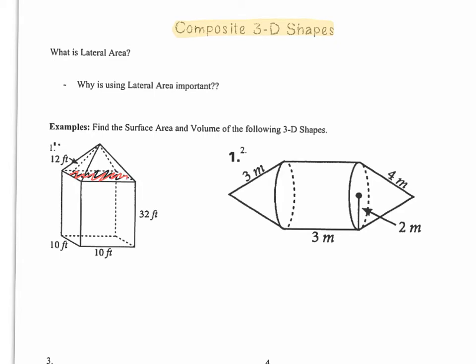Okay, so if we were to quickly talk about what it means to be lateral area, remember lateral area is the area of a shape without the base. This really comes in handy when I don't want to have to find the area of the base.